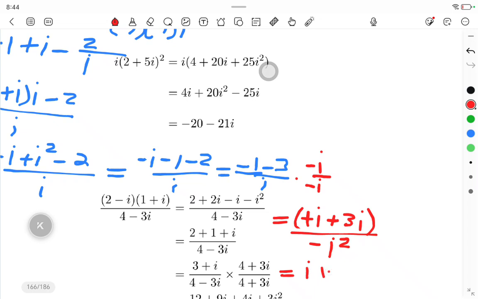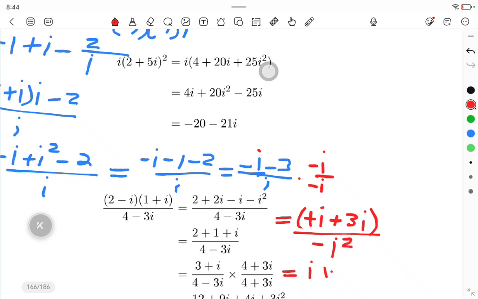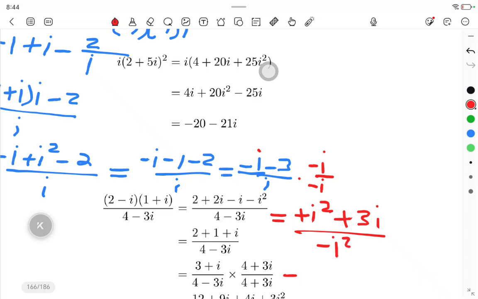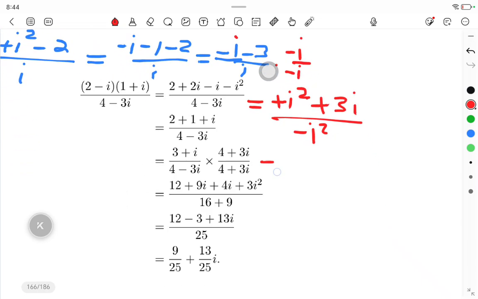And this is going to be negative 1 plus 3i, and the denominator is negative i squared, which is negative times negative 1, giving us a positive 1. So negative 1 plus 3i. You see, right? So you can decide which method to use. You can start by simplifying this one, or you start by multiplying them like this. At the end, you'll get the same solution. Minus 1 plus 3i, right? Which is this.